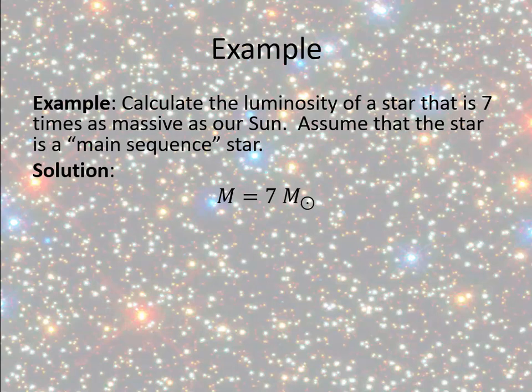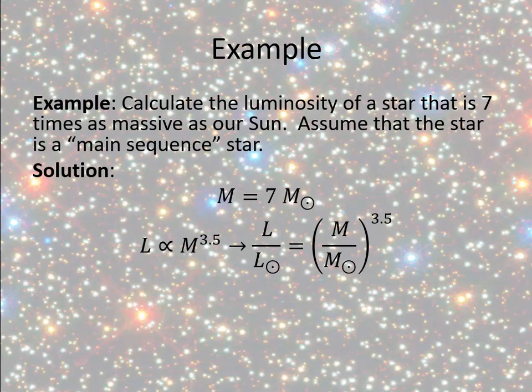So I'll tell you the luminosity of our sun. It is 1 solar luminosity. So you compare the star to our sun. We set up a ratio. We're doing the ratio method. We say luminosity is proportional to mass to the 3.5 power. So the ratio of the luminosity of those two stars is equal to the ratio of their masses to the 3.5 power.